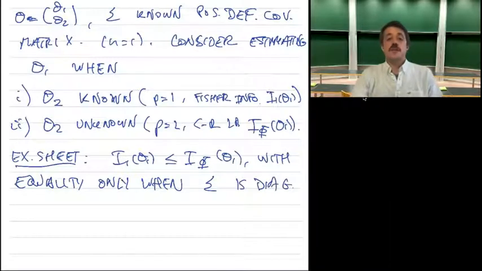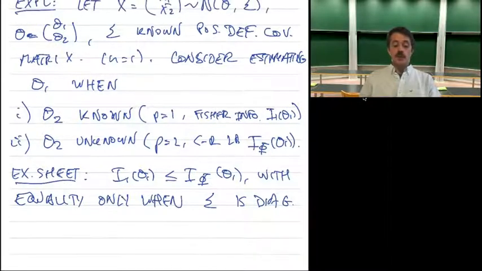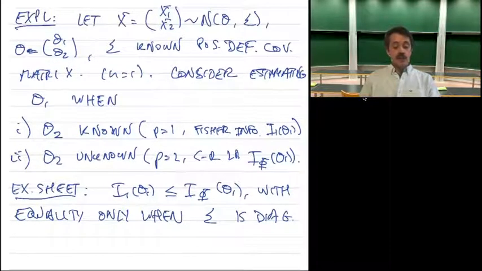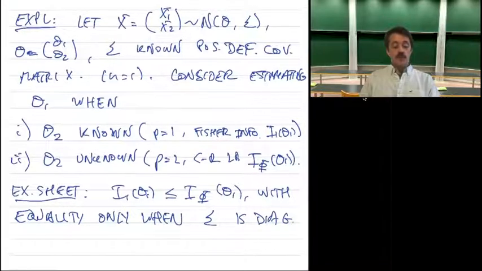The case of capital Sigma being diagonal, of course, just means that X1 and X2 are independent. And so I leave it to you to think about this problem.